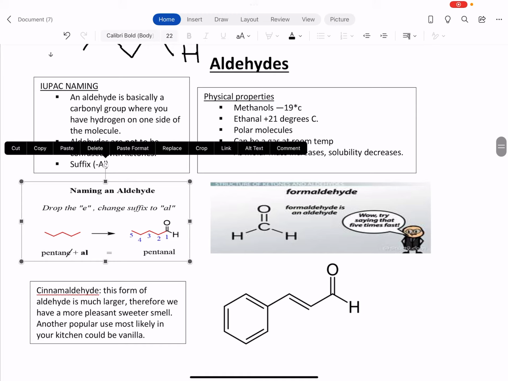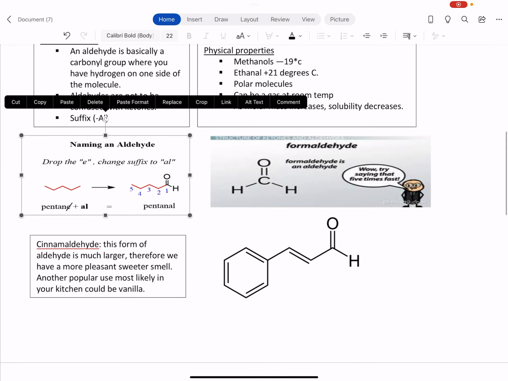Some physical properties of aldehydes. They can boil at room temperature. Methanal, also known as formaldehyde, can boil at negative 19 degrees Celsius. Ethanal can boil at plus 21 degrees at room temperature. Aldehydes have very polar molecules.